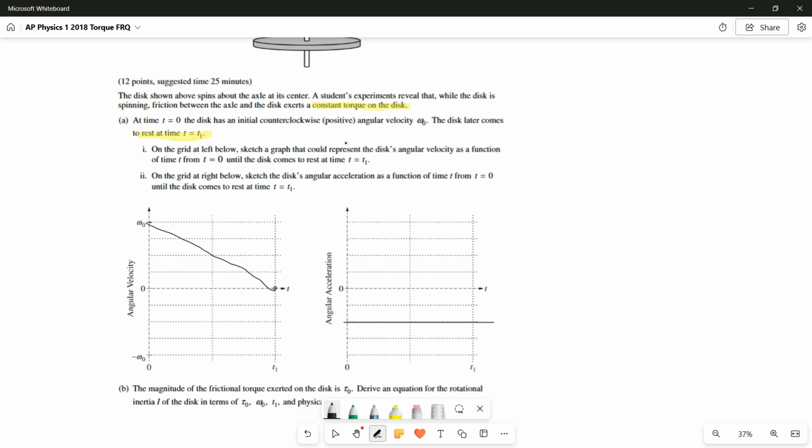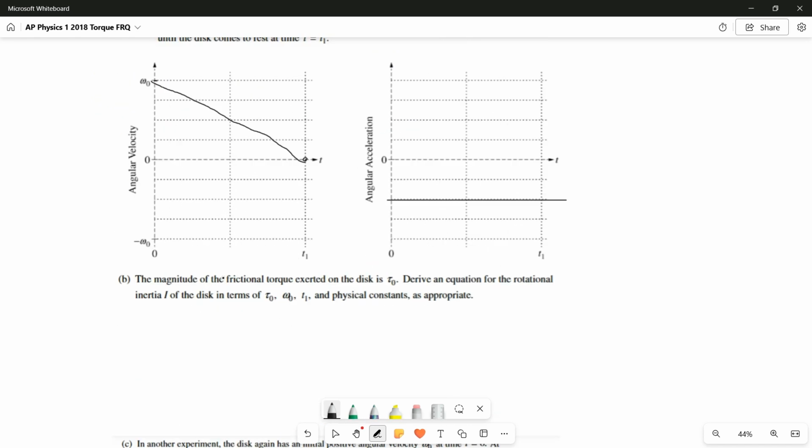That wasn't too bad. Now, part B is asking us to find the frictional torque exerted on the disk, which is tau naught. Sorry, so it's actually asking us to derive an equation for the rotational inertia of the disk. Well, when I think about this, the first thing I'm thinking is that I have to express rotational inertia somehow with torque.